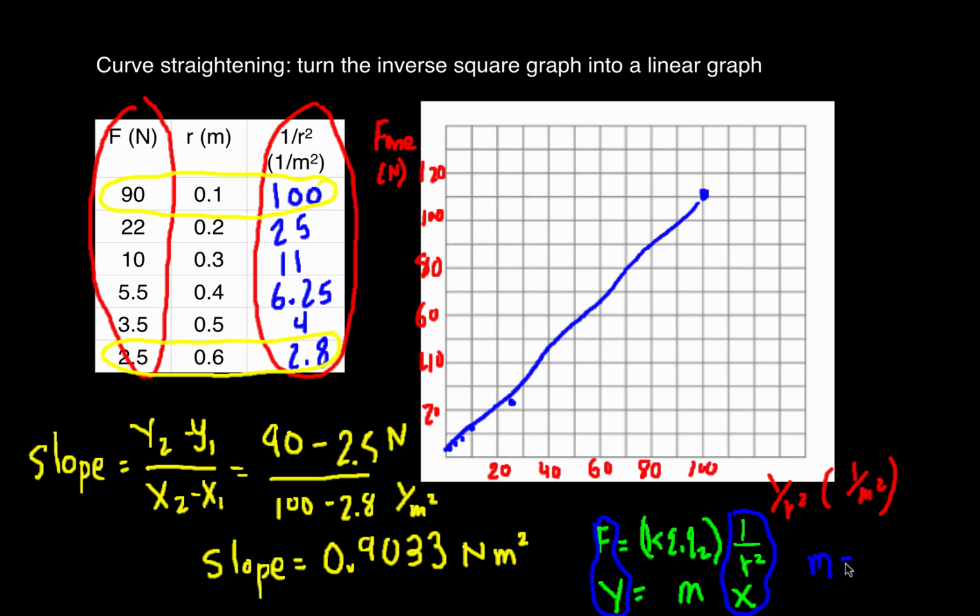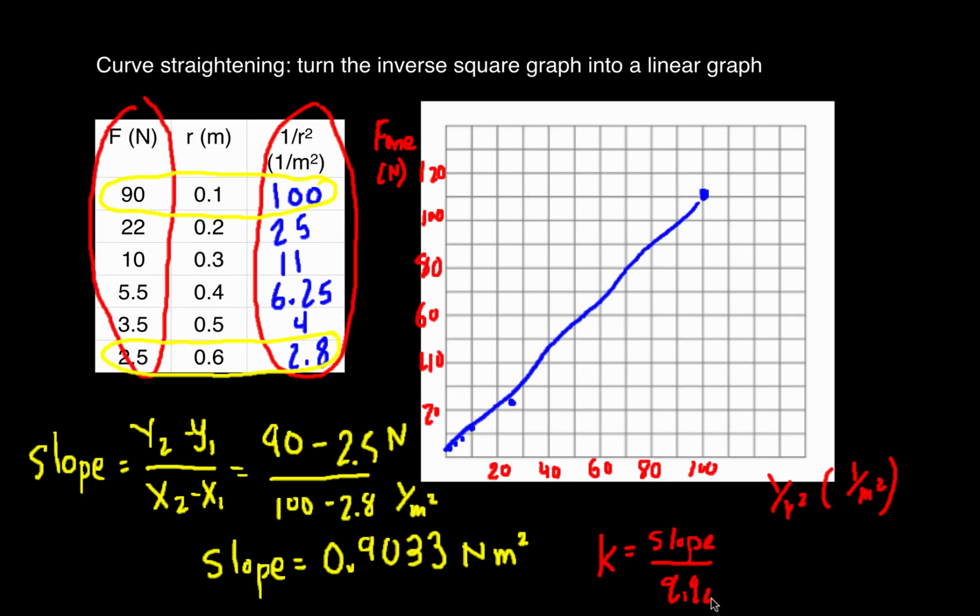Therefore, the slope should equal k q1 q2, and k equals the slope divided by q1 q2. This gives us k equals the slope over q1 times q2.